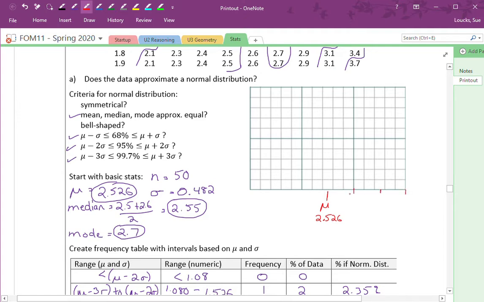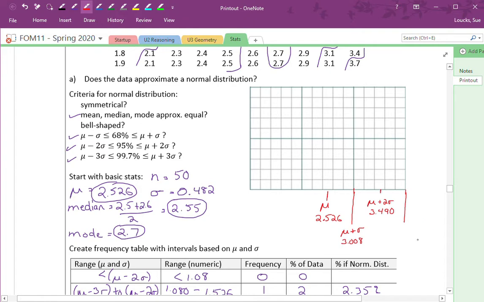And I eventually figured out that if I label it like this, instead of trying to put all the labels on one line, so this is going to be mu plus 1 standard deviation, which is 3.008. And this is mu plus 2 sigma, which is 3.490.